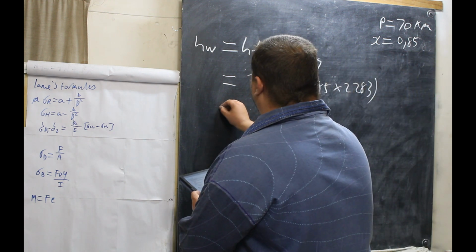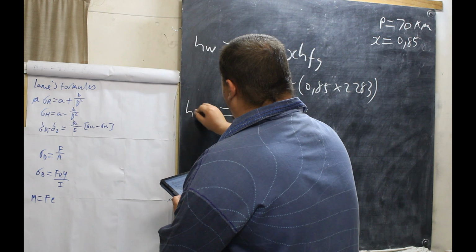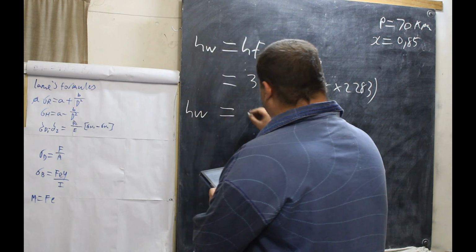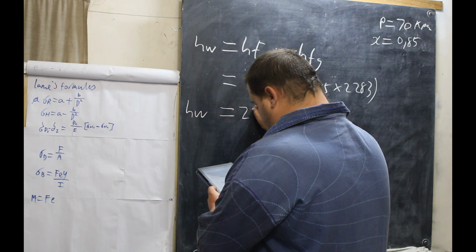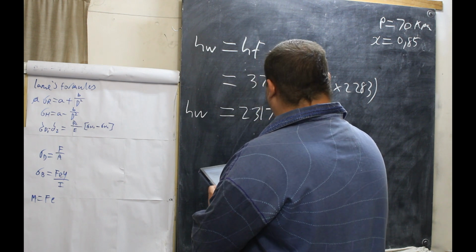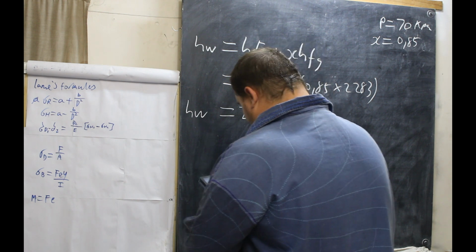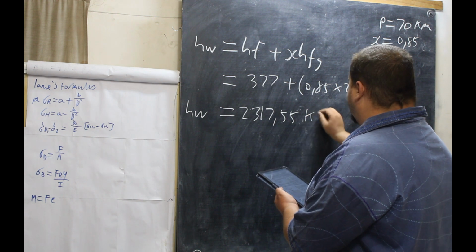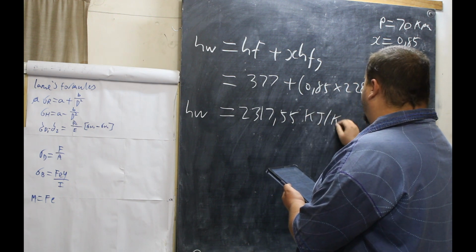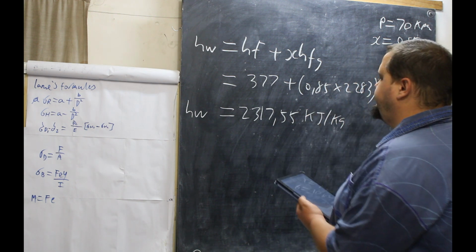And then we have this number. So our enthalpy of wet steam is 2317,55 kilojoules per kg.